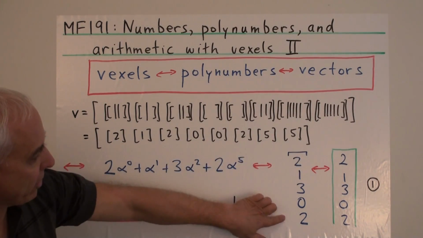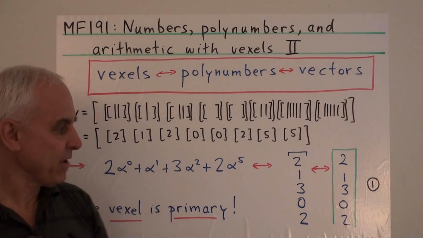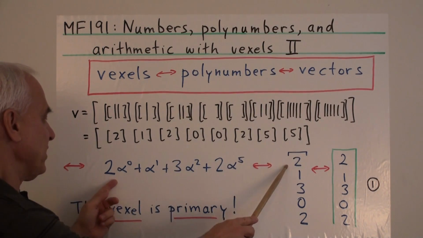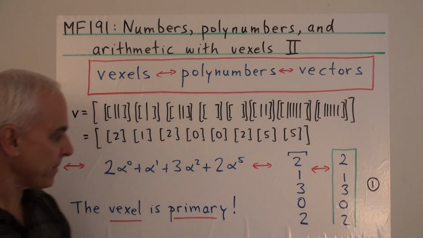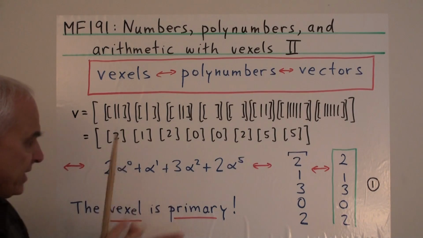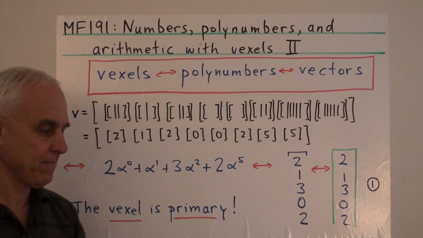And that polynumber had another representation in terms of powers of alpha, as 2 alpha to the 0 plus alpha plus 3 alpha squared plus 2 alpha to the 5th. So we have these various things which are all essentially the same thing.